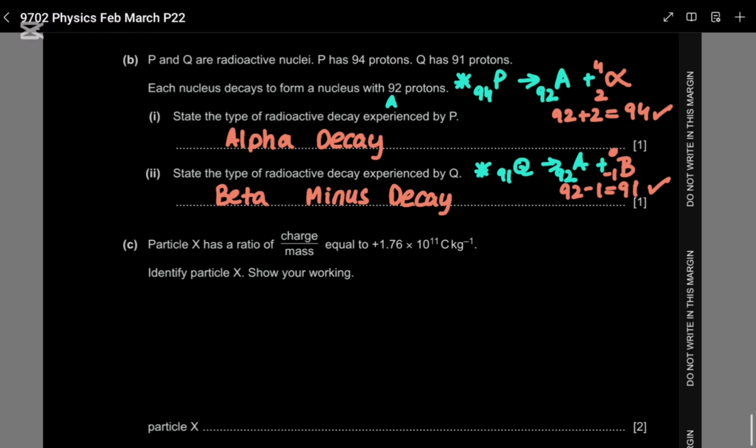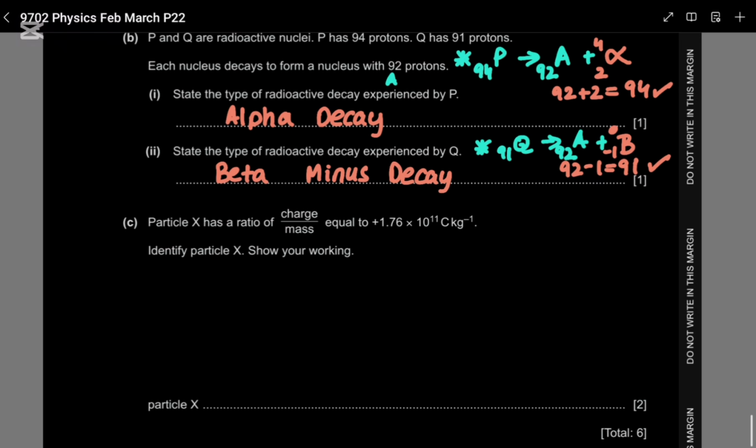Now part C, particle X has a ratio of charge to mass equal to 1.76 times 10 to the power of 11. Identify particle X. This is a trial and error question. We don't know anything, they just gave us that the charge to mass ratio is this. We have to find it through trial and error. Let's list them down: proton, neutron, electron, positron.